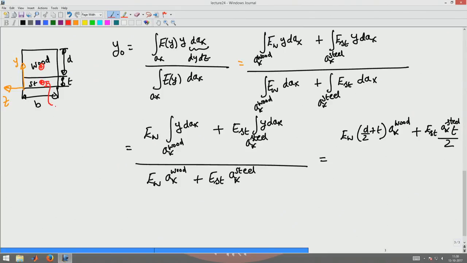So, this is Y steel and this distance is Y wood.